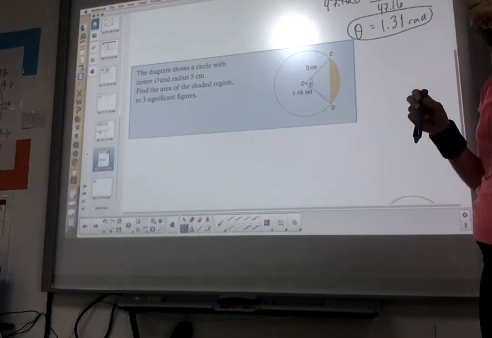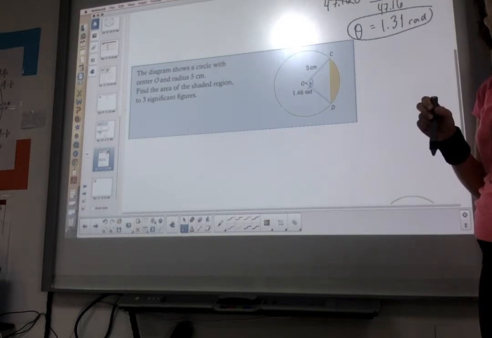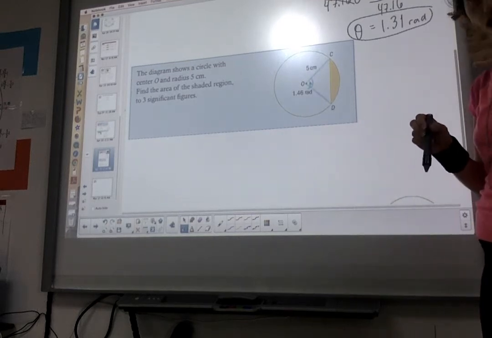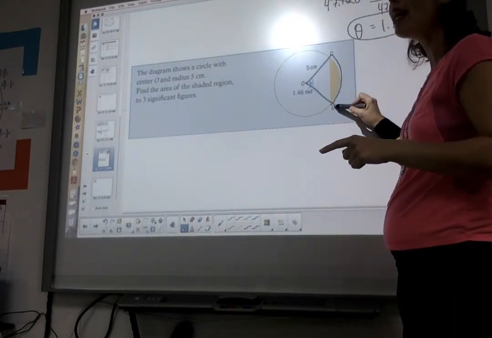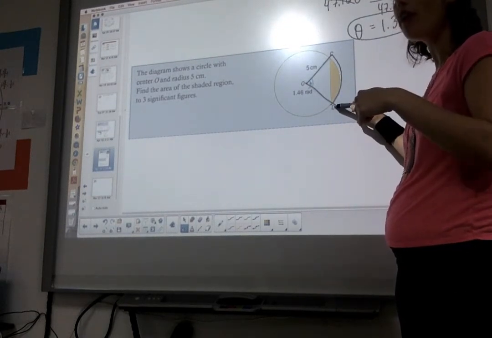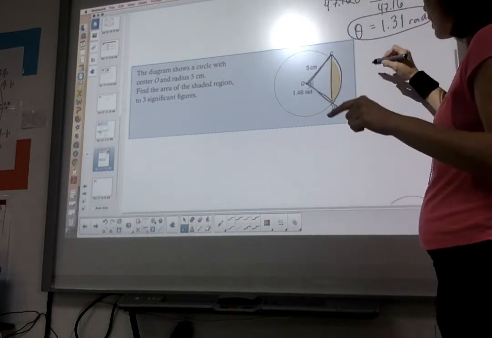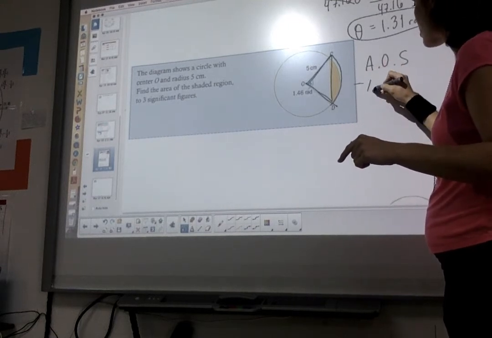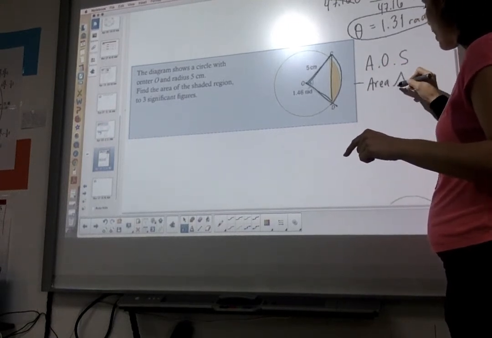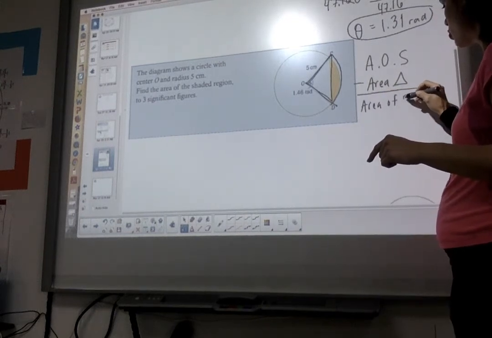Find the area of the sector, and then subtract the triangle. Let's write that out: find the area of the sector and then minus the area of the triangle. That's going to give me the area of the shaded region.